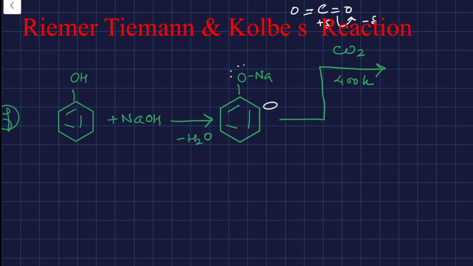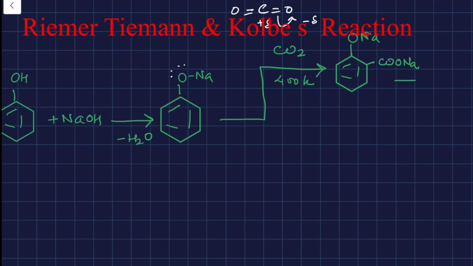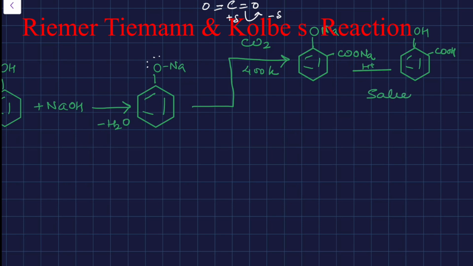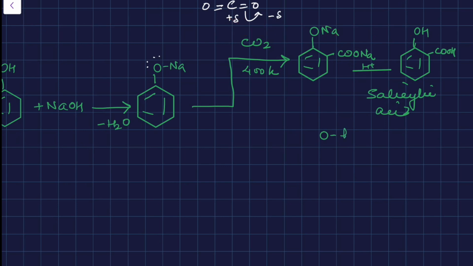So at the ortho position, the charge density is high, so it attacks. The attachment is via C, and what we get, further once we take H plus, is nothing but salicylic acid, that is orthohydroxy benzoic acid.